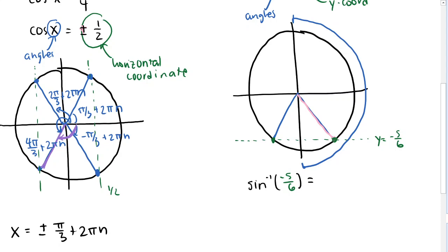And when I evaluate this with the calculator, we get back negative 0.9851 radians. And so here, negative 0.9851 radians is one solution.